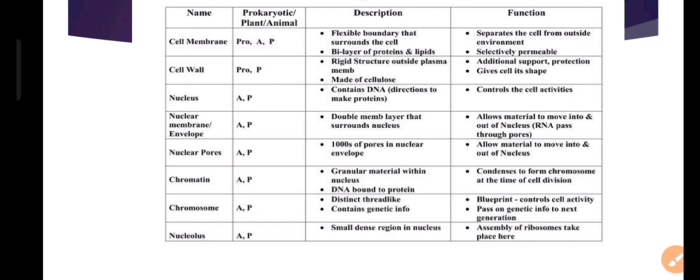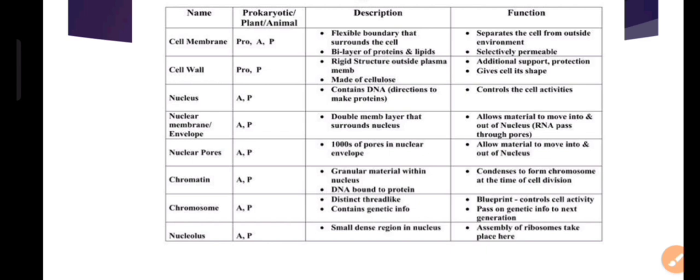And then the chromosomes are distinct thread-like structures present in the nucleus. They consist of genetic material that will be carried from parents to offspring. What's the function? Blueprint, controls cell activity, and passes on genetic information to the next generation.